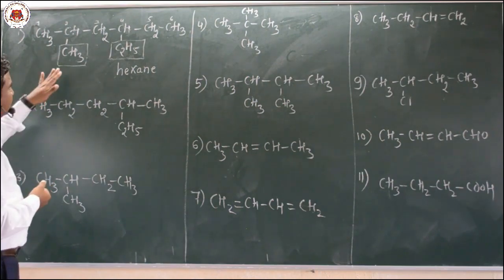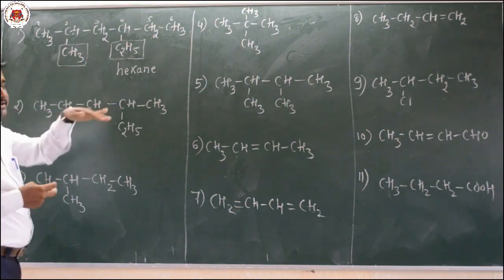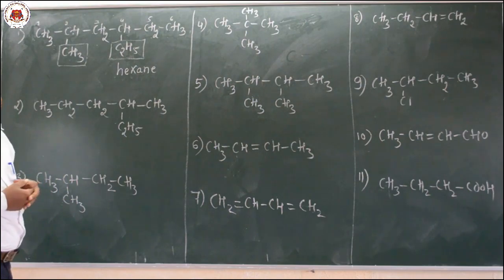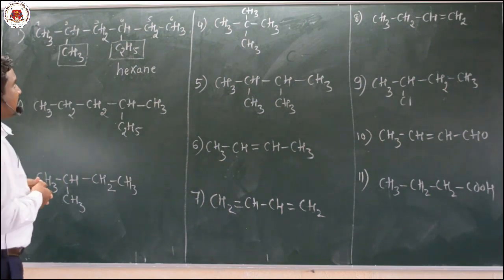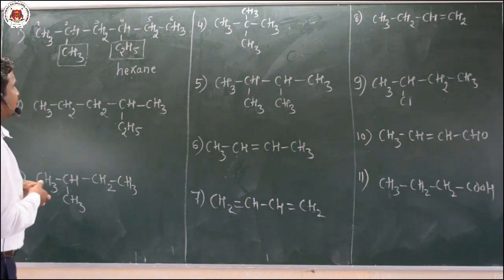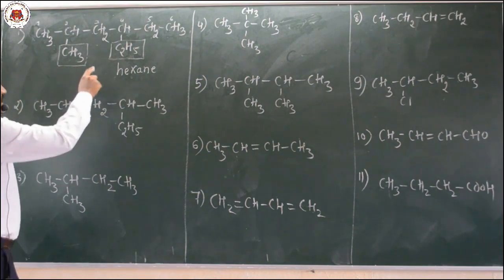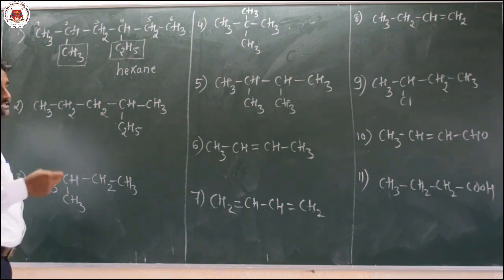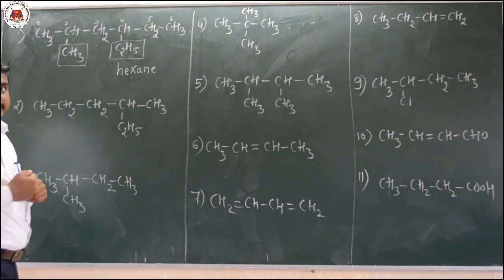But here there are two substituent groups which are different from each other, so for that reason you have to put a separate name for each substituent group. And also you have to remember that if the two substituent groups are different, you have to name them in alphabetical order.